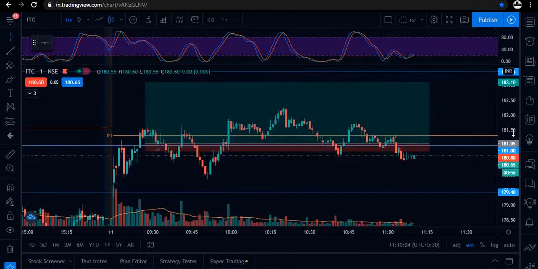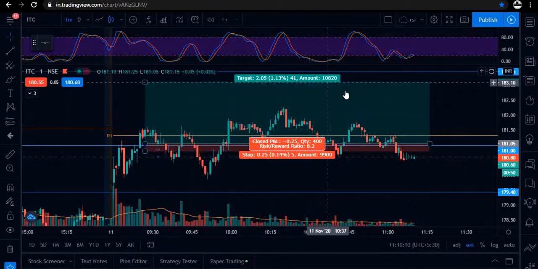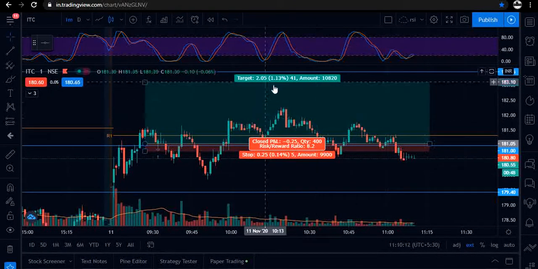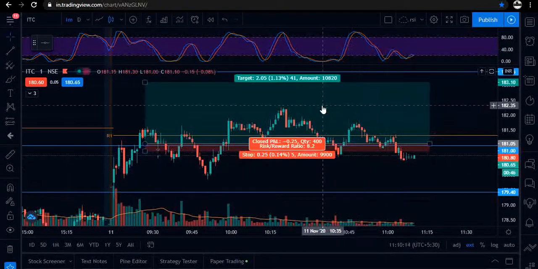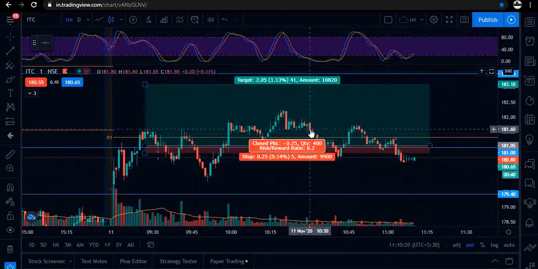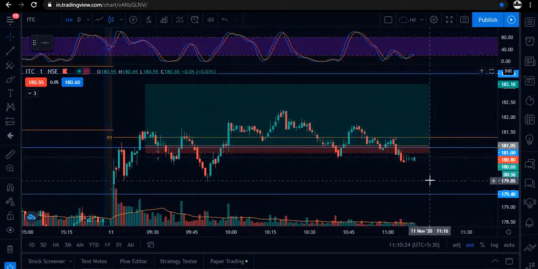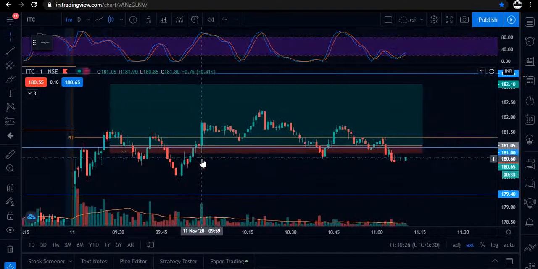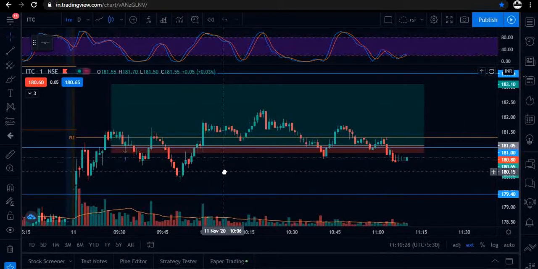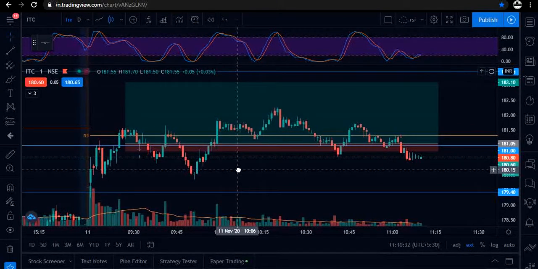Traders, you can see how the price behaved. First it went near our target. Then again it came downside. You can see we could have booked half of the profit. We were getting the opportunity but we didn't book. So traders, from today we are learning that being a trader is not just about our setup or the strategy which we are using.